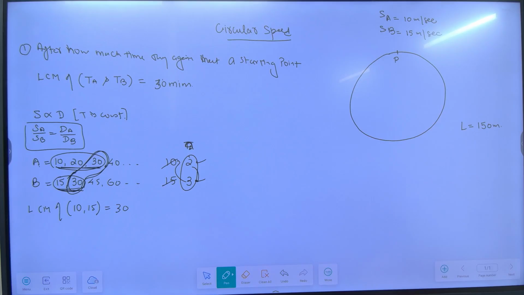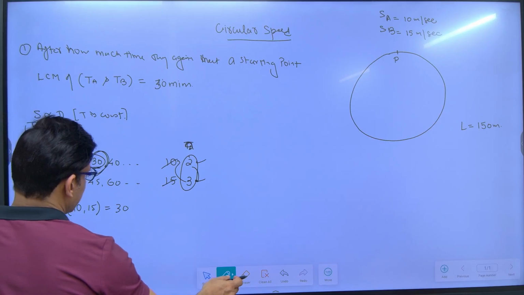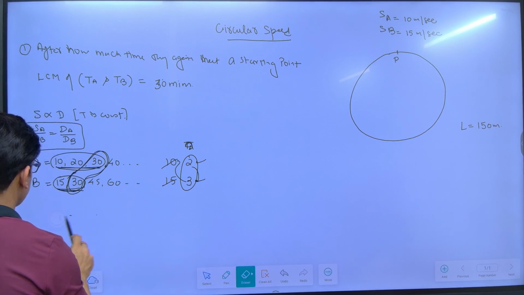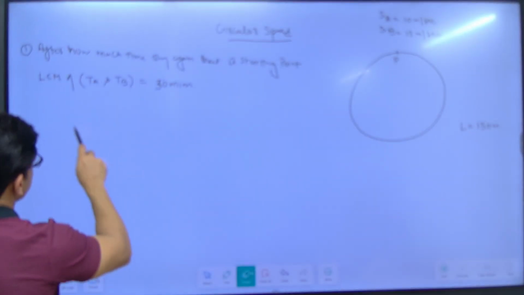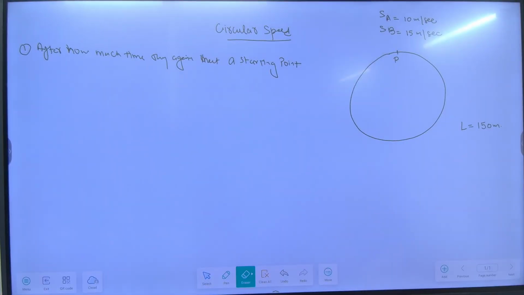Now, if both A and B start moving from a point P at the same time and in the same direction, clockwise or anti-clockwise together, then after how much time will they meet?